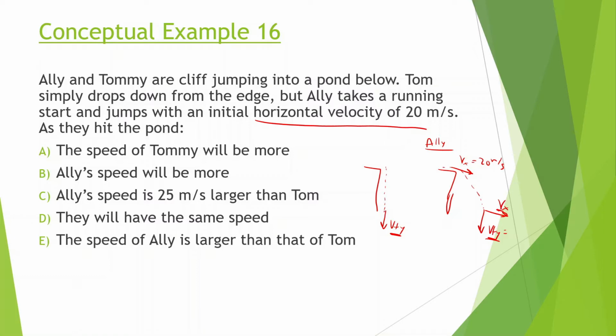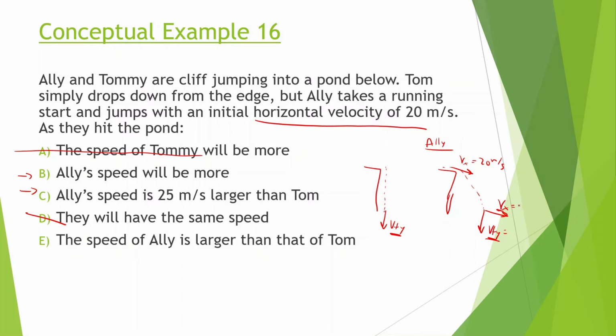So it should be one of these. It won't be the same. Allie's speed is larger. The speed of Allie is larger than that of Tom. The speed of Tom will be more? No, it won't be that. Oh, aren't these saying the same thing? I don't know, maybe they're saying the same thing. Anyway, we know it's not going to be 25 meters per second more. And the reason for that is, well, maybe you should have said 20.